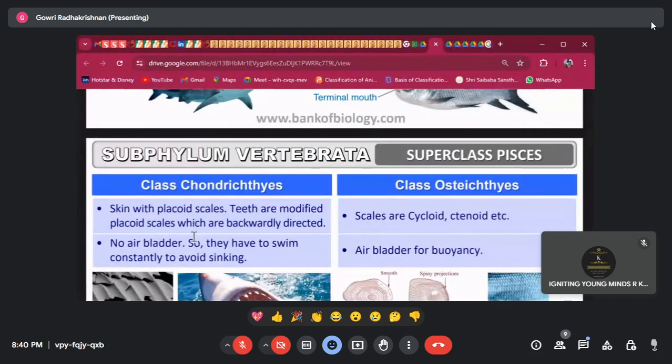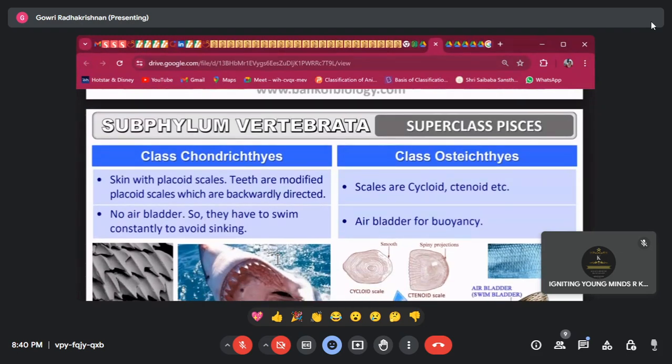Chondrichthyes skin has placoid scales, teeth are modified placoid scales which are backwardly directed, no air bladder, so they have to swim constantly to avoid sinking. Osteichthyes scales are cycloid, ctenoid, etc. Air bladder for buoyancy.